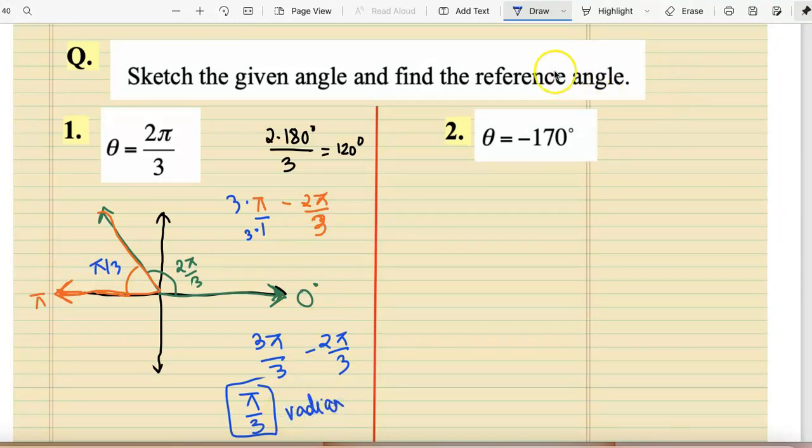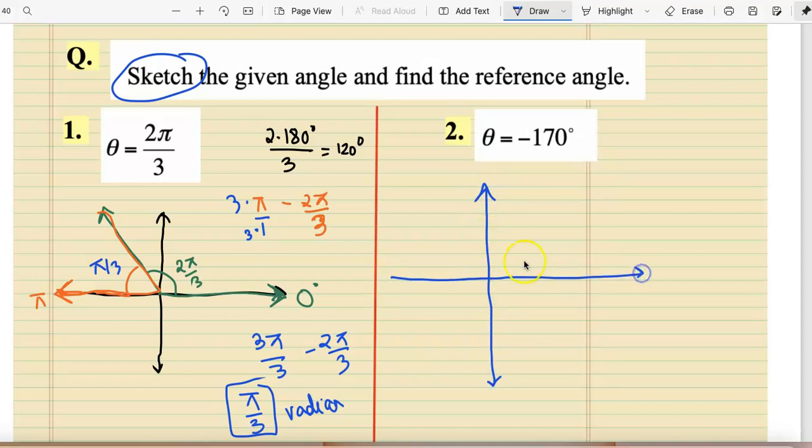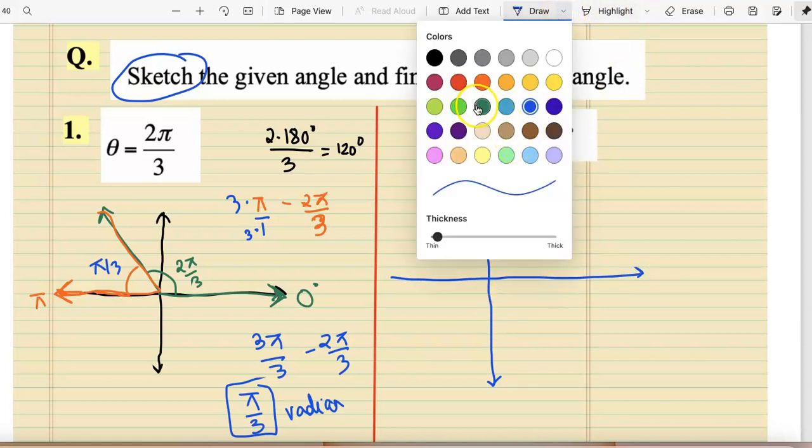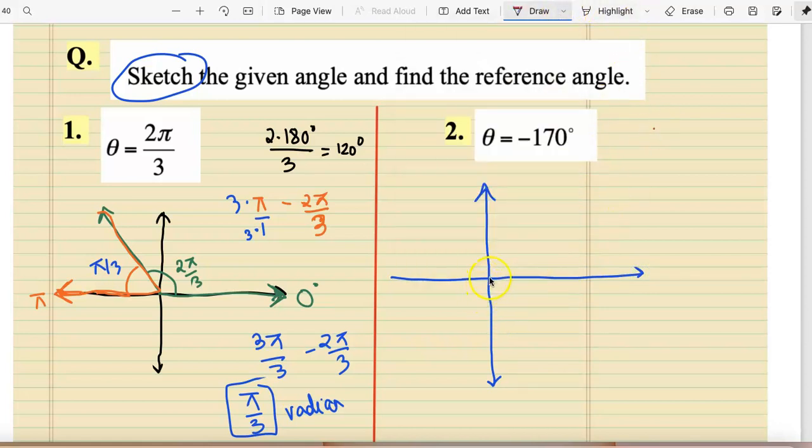Now this one is a lot easier. This says negative 170 degrees. The question is saying sketch, so you should sketch it. Okay, now since it's negative, I need to go the other way. This means I will go clockwise. Let's use mathematical vocabulary.